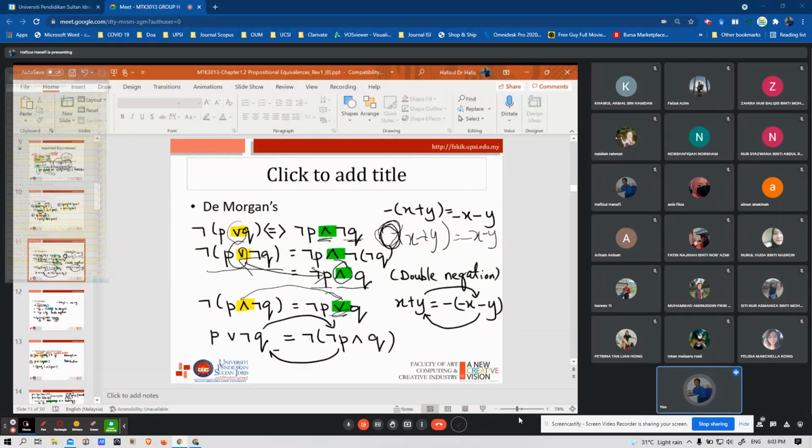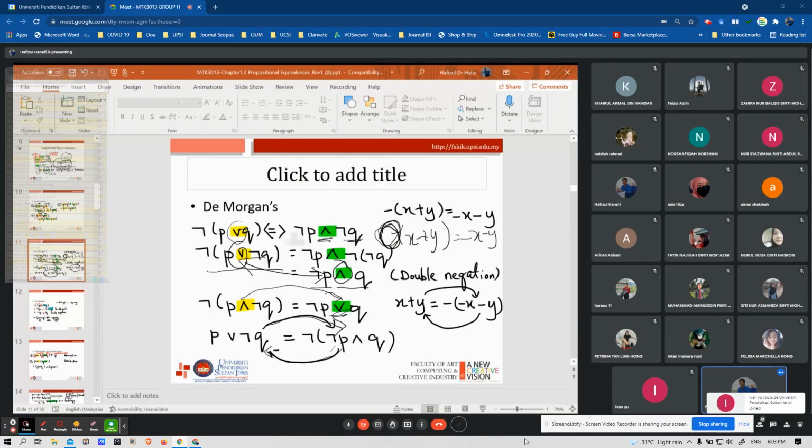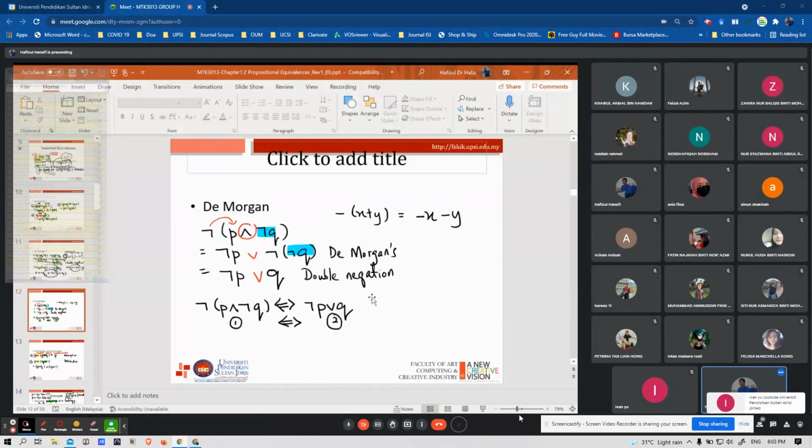And then P and negate Q, we negate P, negate P and Q, and then we just change the position here to go here. Okay, this one is another De Morgan law.